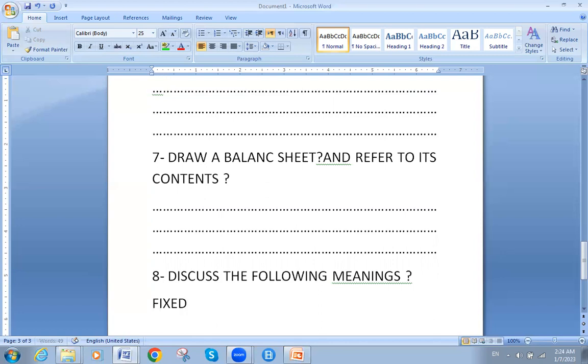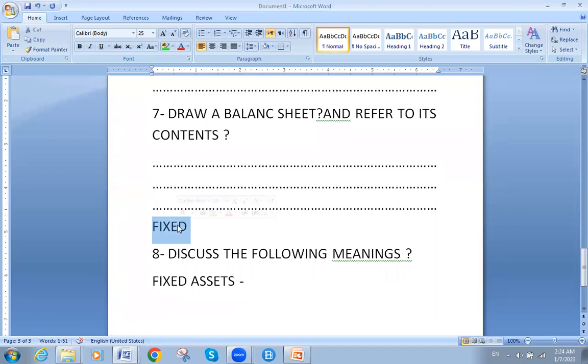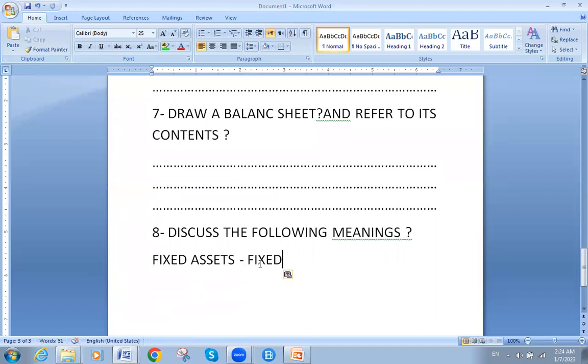Fixed assets, fixed liabilities, current assets, and current liabilities.